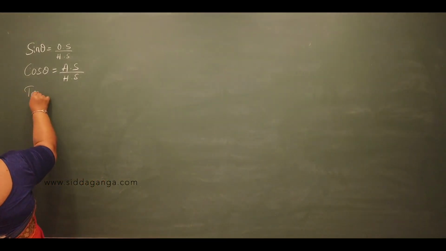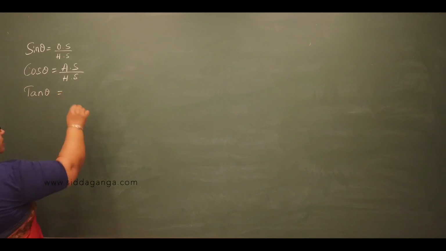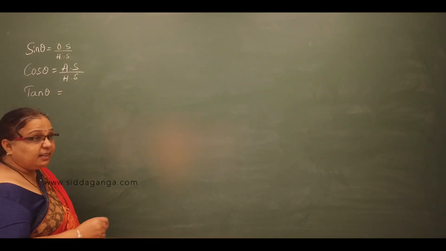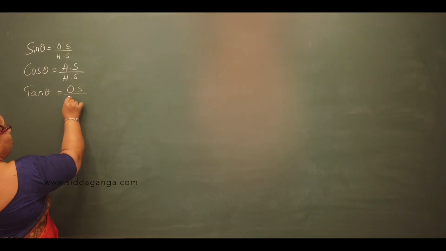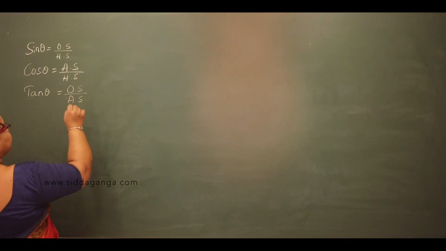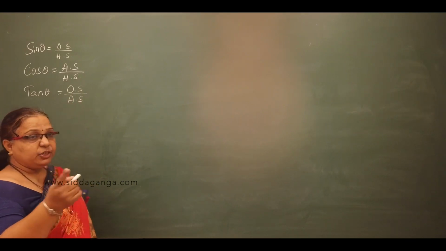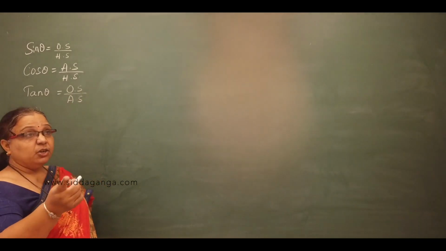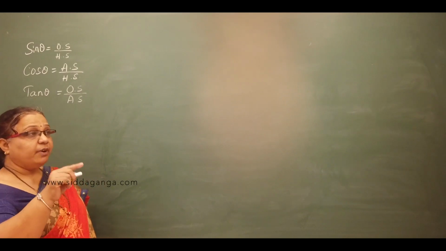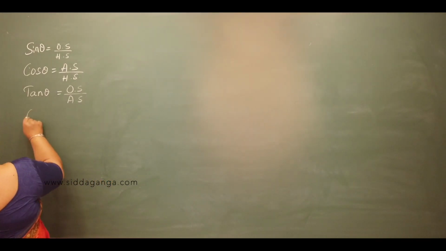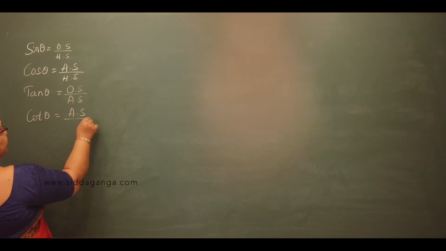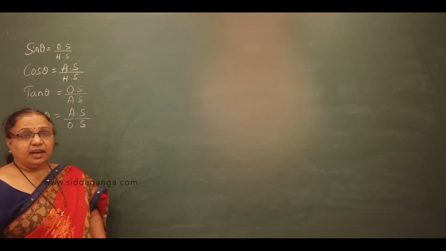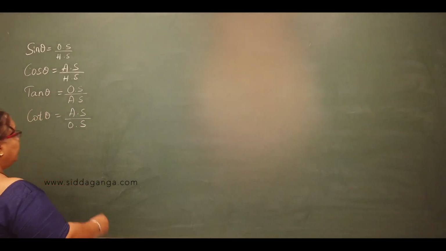Tangent of an angle theta is written as tan theta, and in terms of sides we write it as opposite side by adjacent side. The co-ratio of tan theta, that is cotangent of an angle theta, is written as cot theta, and in terms of sides, it is defined as adjacent side divided by the opposite side.